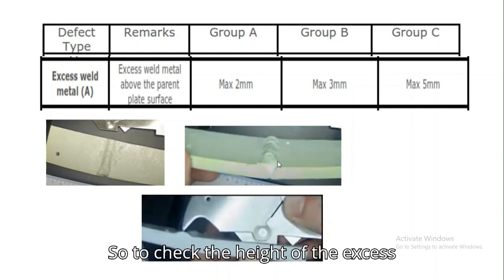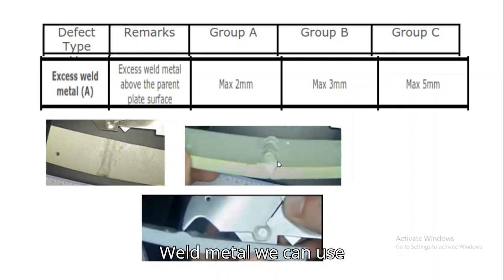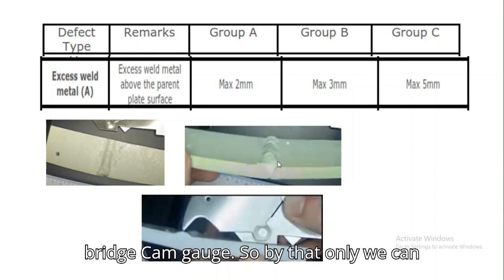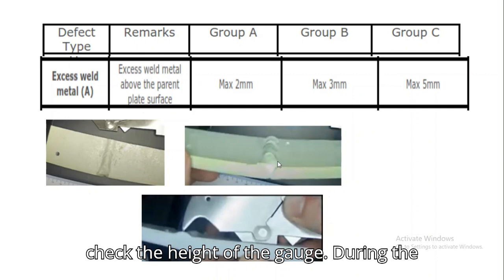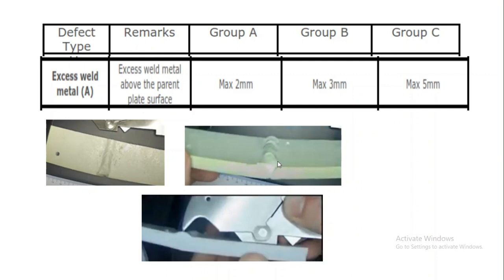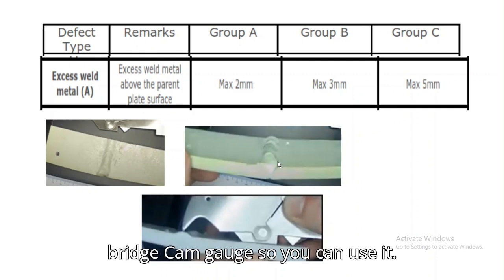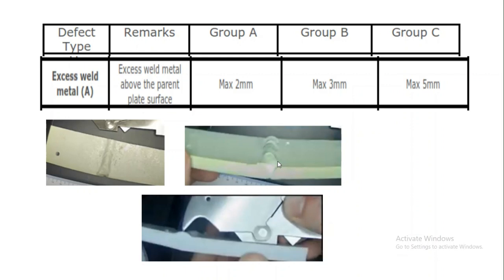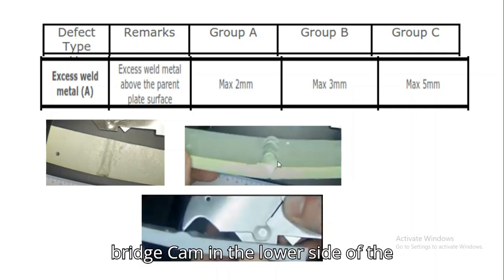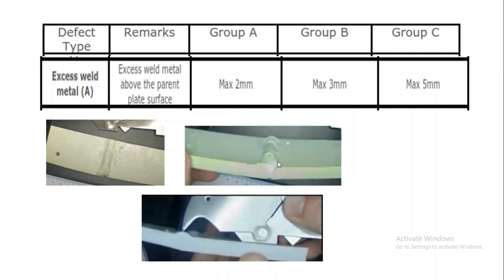So to check the height of the excess weld metal, we can use the bridge cam gauge. By that only we can check the height. During the examination, they will provide the bridge cam gauge, so you can use it. Always keep the bridge cam in the lower side of the plate.